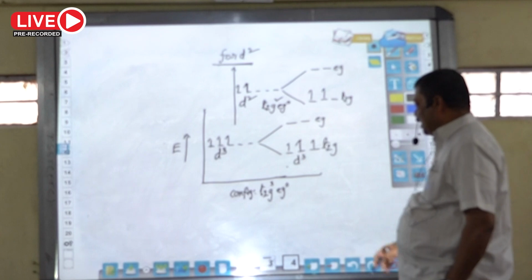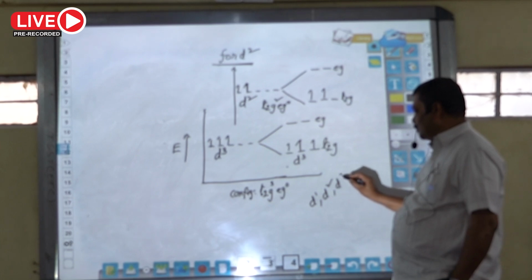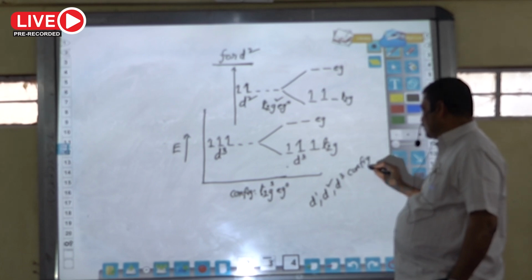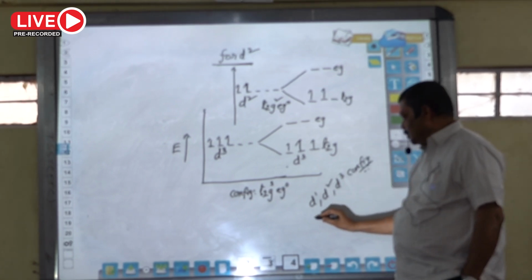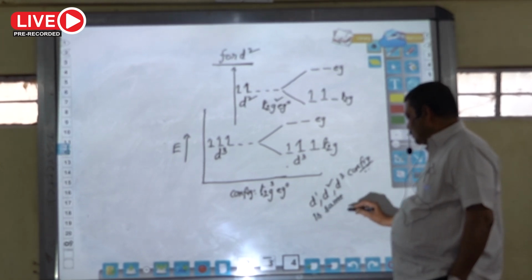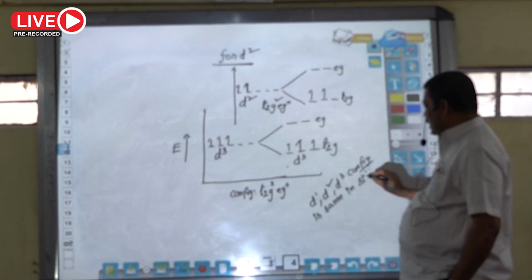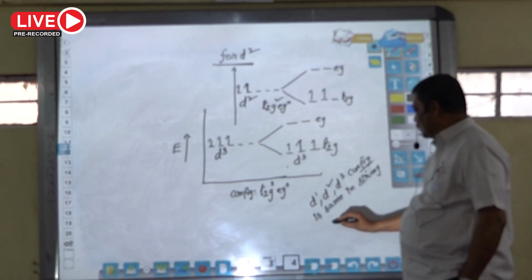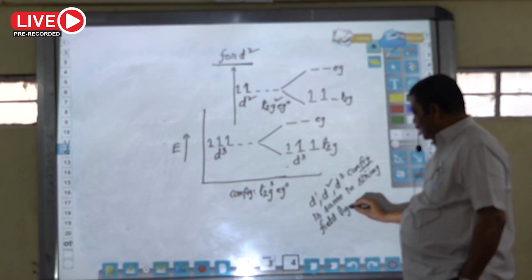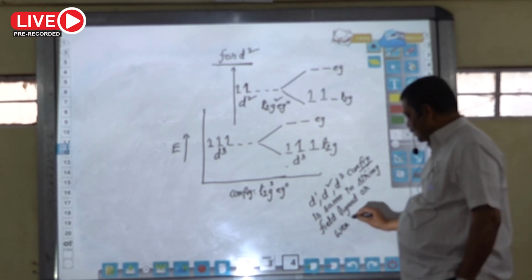So d1, d2, d3 configuration is the same in strong field ligands or weak field ligands.